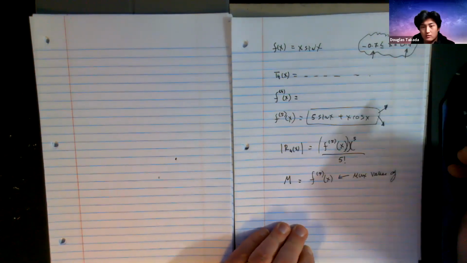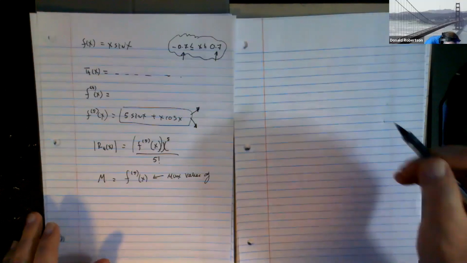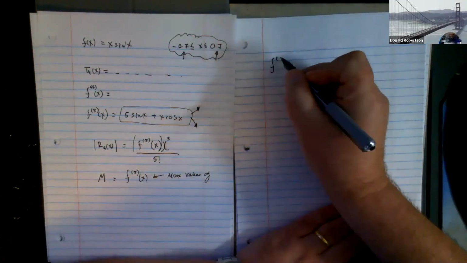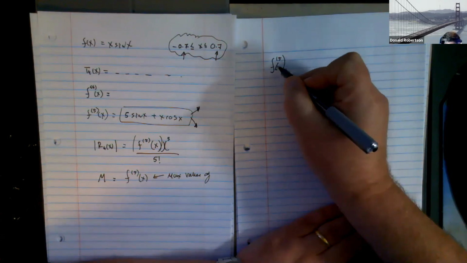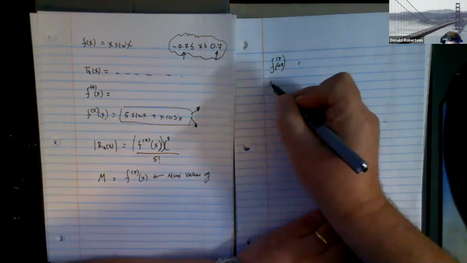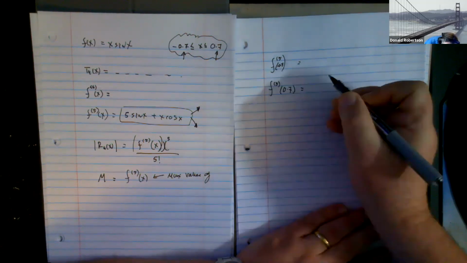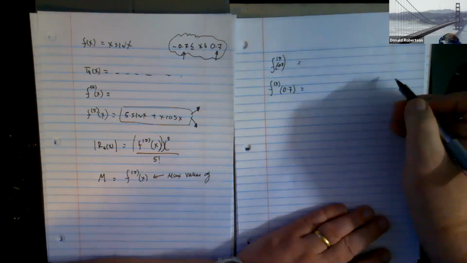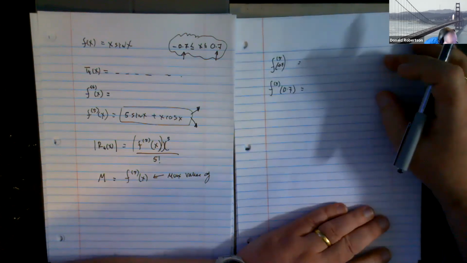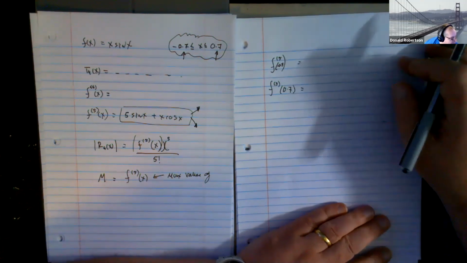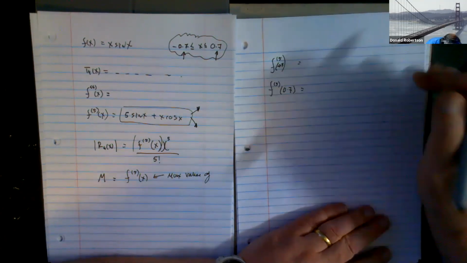So I'm going to find out what the fifth derivative at negative 0.7 is, and then we find the fifth derivative at positive 0.7, and we'll get some answers. And whichever one of them is the biggest is M, and they want us to round it off to the nearest whole number. So if it's 7.82, I'll just call it 8, right? That kind of thing. So here goes.